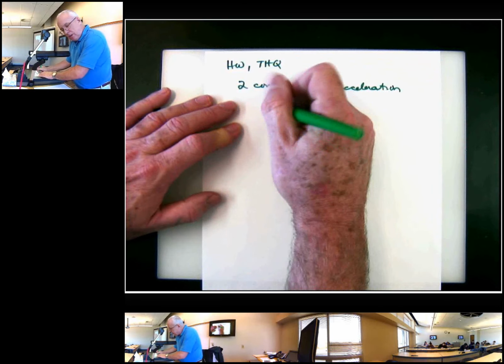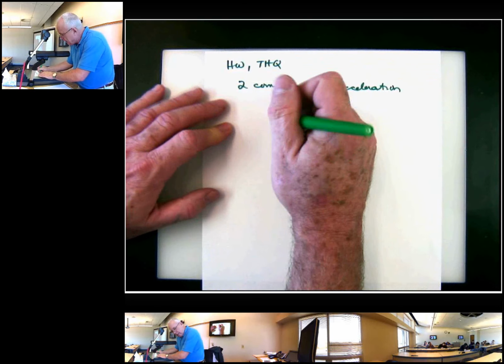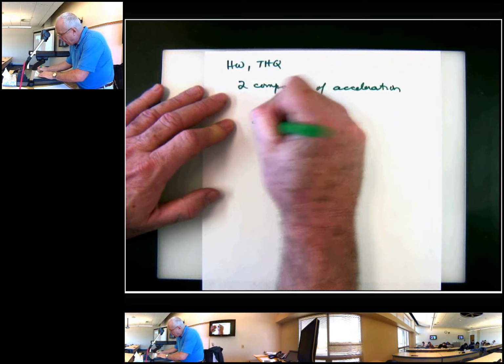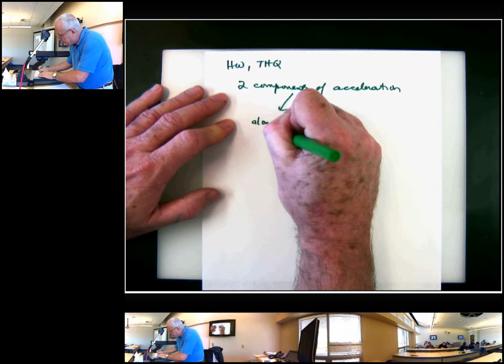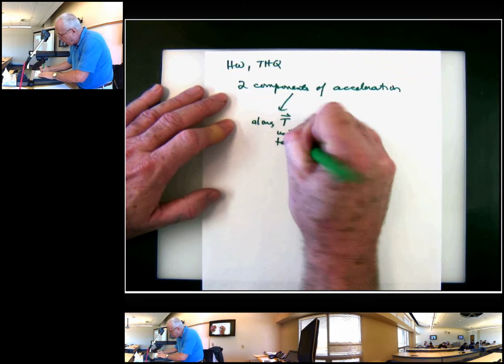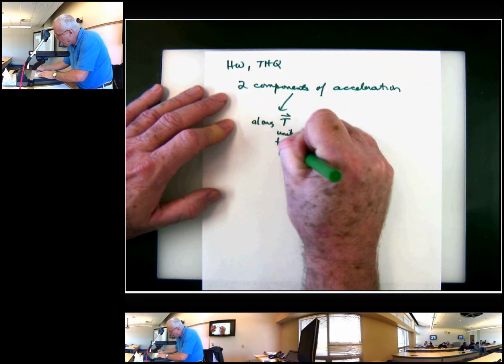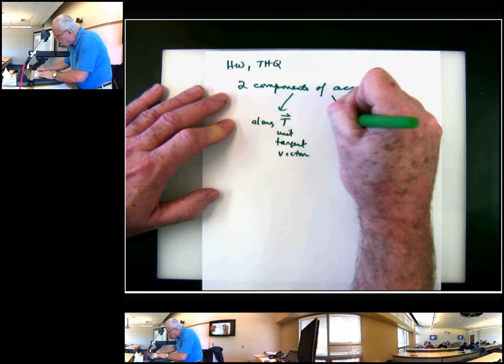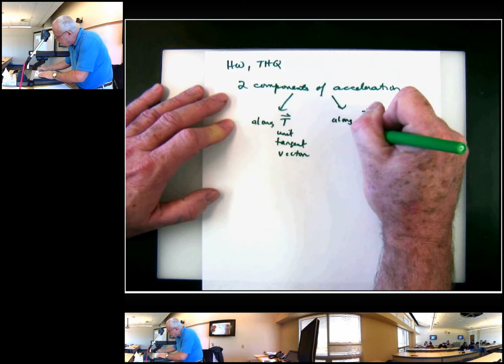One is along the unit tangent vector. The other one is along capital N vector, which is the unit normal vector.